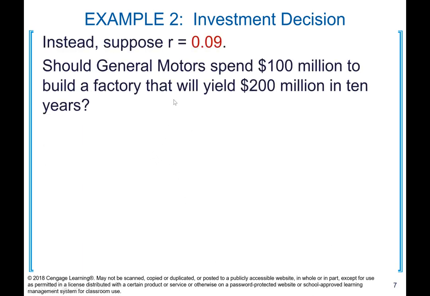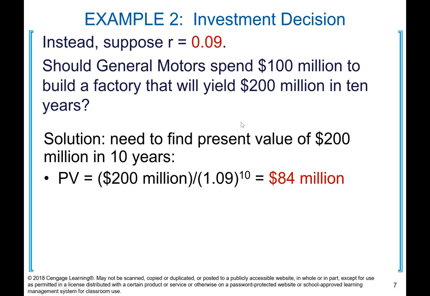Instead, suppose interest rate is 9%, then that's a different issue. Should General Motors spend $100 million to build a factory that will yield $200 million in 10 years? Well, the present value of $200 million using the present value formula is $84 million.